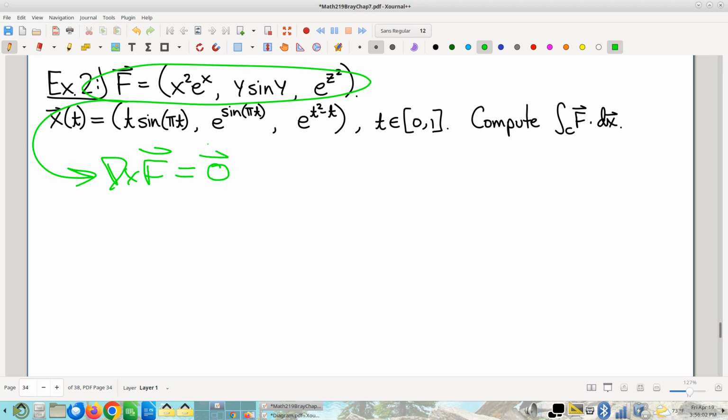What you're going to notice pretty quickly, and I think this is a good little shortcut to remember, is that when you compute curl, all of the partial derivatives are what you might call off partials. So for the first coordinate, there will be a y partial and a z partial, but there won't be any x partial.